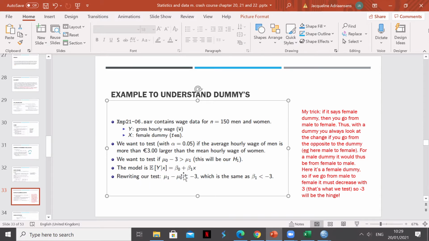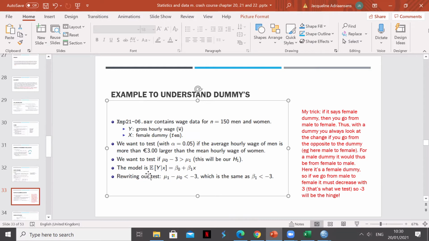So here they're going to be doing it very complicated, and they get beta 1 is less than minus 3. But we concluded that as well. You can do it like this. So it is when we want to test if the U0 minus 3 is more than the U1, where this is our female dummy and this is our male dummy.